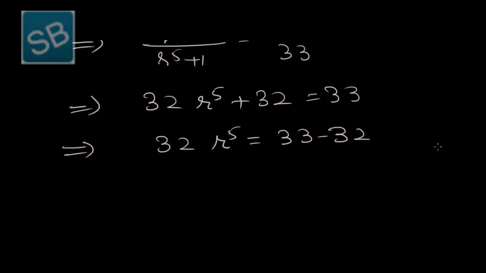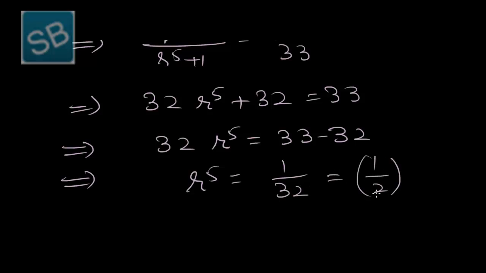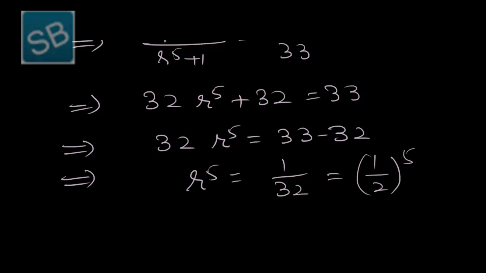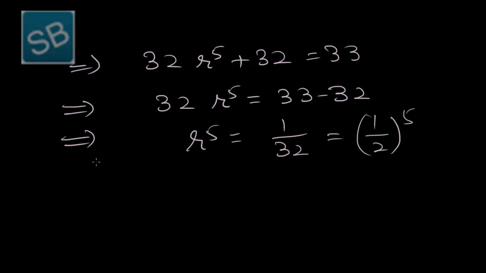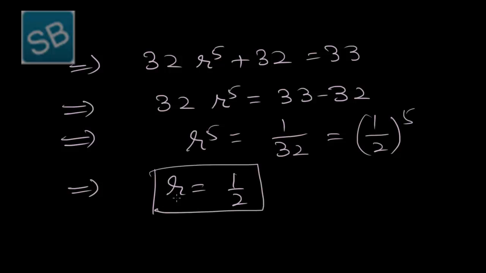So we get R raised to power 5 is equal to 1 over 32, that is equal to 1 over 2 raised to power 5. That gives R is equal to half. As we get R is equal to half, now we can find from number 1 the value of A.